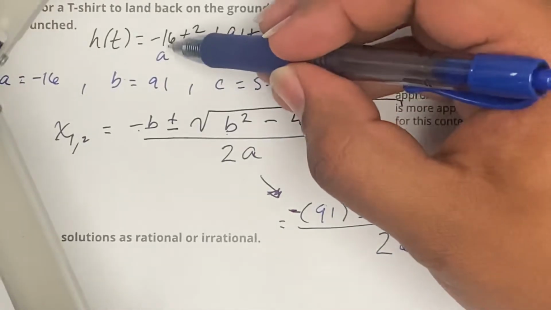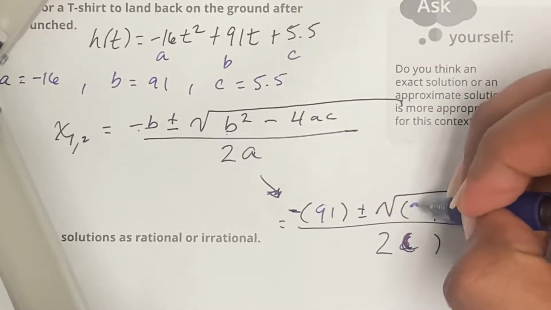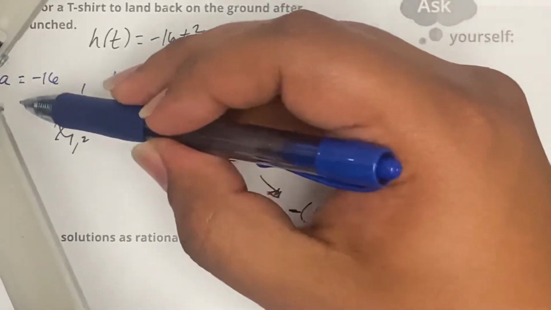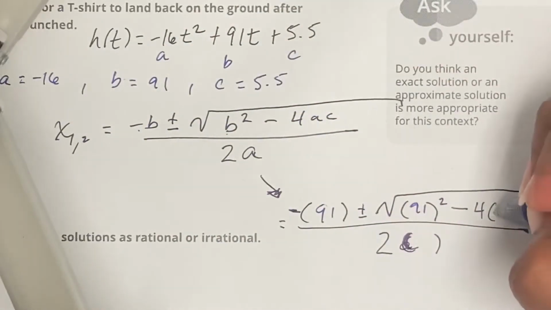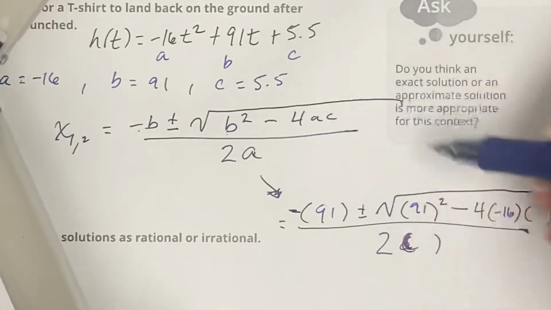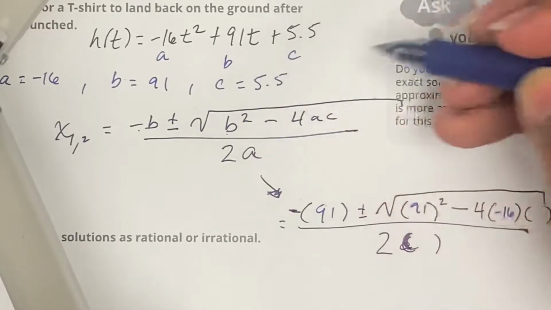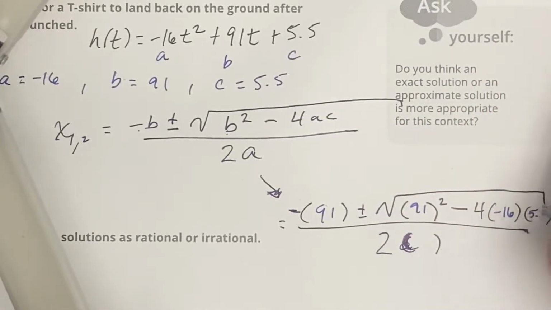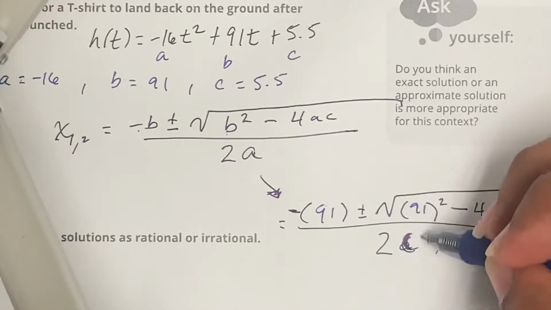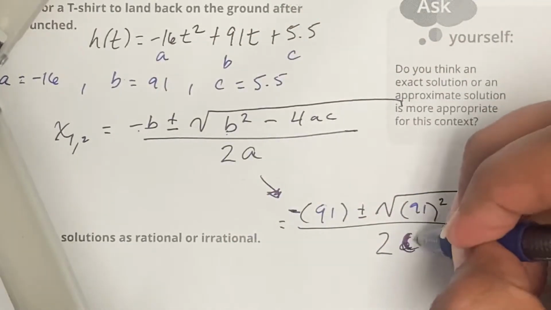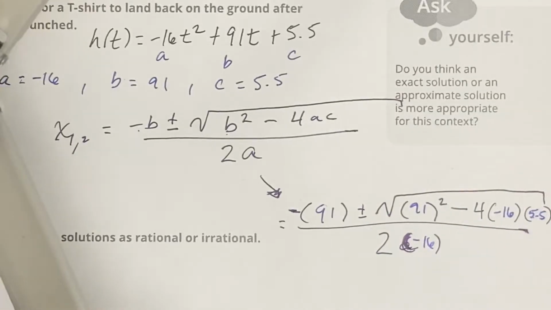B is my second value, also 91. A is first. A is negative 16. And then C is 5.5. On the bottom was 2A. Who was our A value? Negative 16. And now we start reducing, okay?